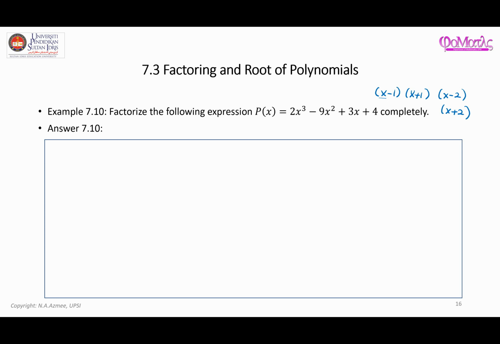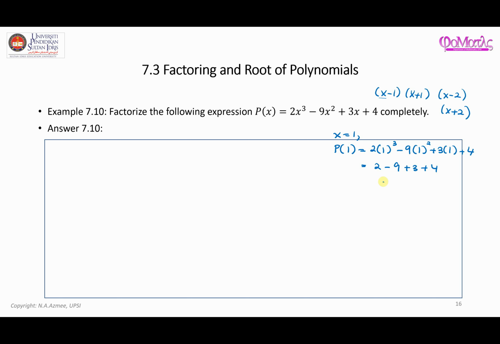So if I substitute x equals 1, my p(1) here will be 2 times 1 to the power of 3 minus 9 times 1 squared plus 3 times 1 plus 4. And you can see that this becomes 2 minus 9 plus 3 plus 4.